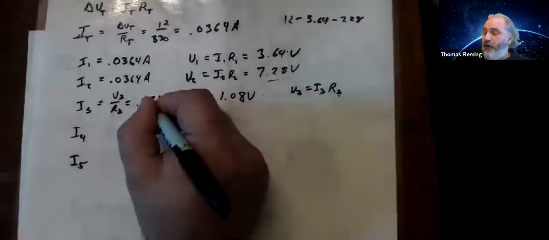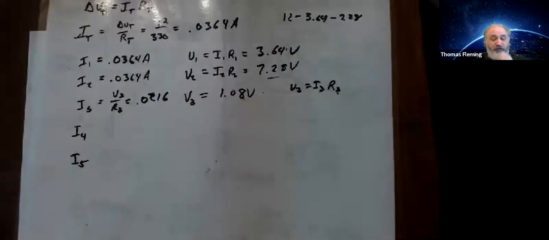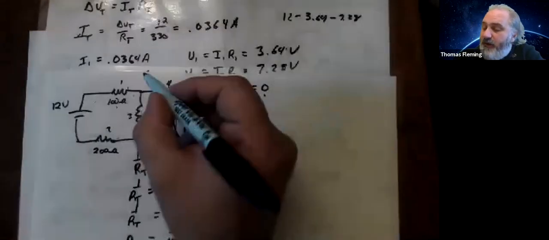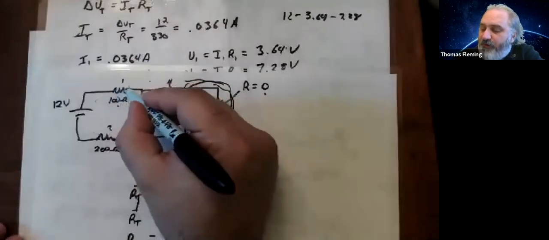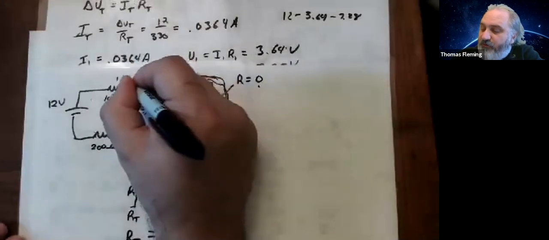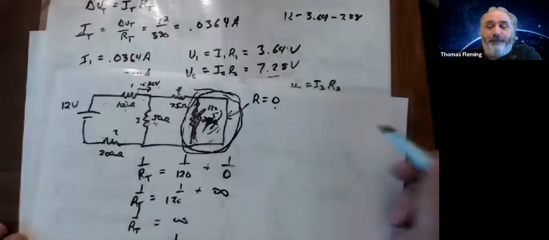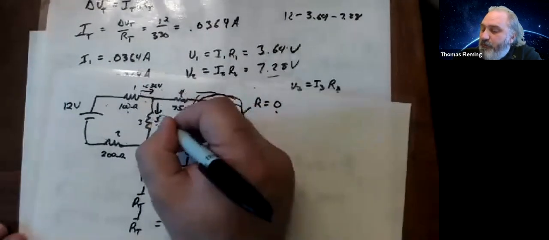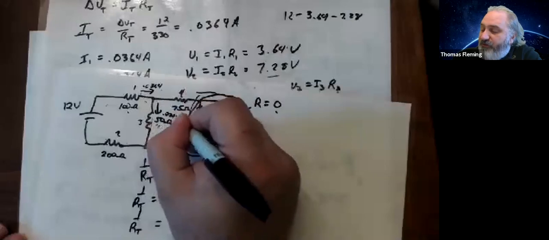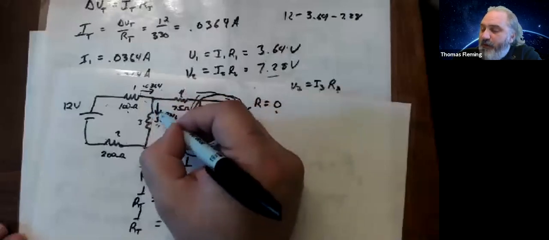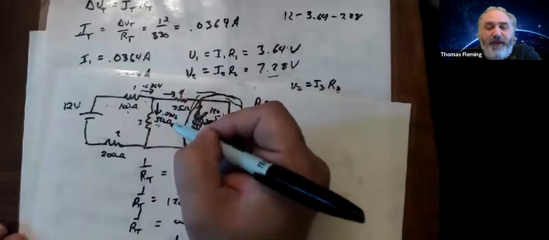So now I know how much current went through resistor 3. Now wait a second. Let's go back to my circuit for a second. Now, all the current in the circuit comes in here. So right here, I've got 0.0364 amps coming in, right? Then going this direction, I have 0.0216 amps. Now, any current that didn't go this way must have gone this way instead.